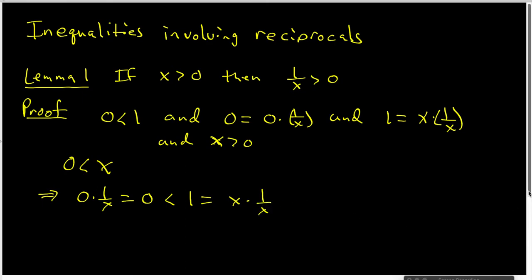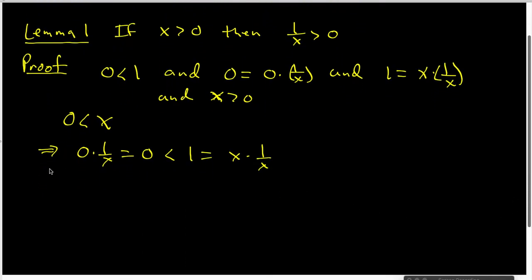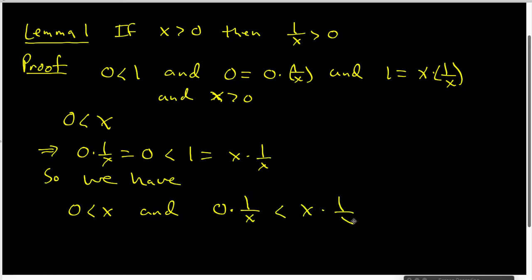And I want to think about what this actually means. So we have 0 is less than x, and we have 0 times 1 over x is less than x times 1 over x.